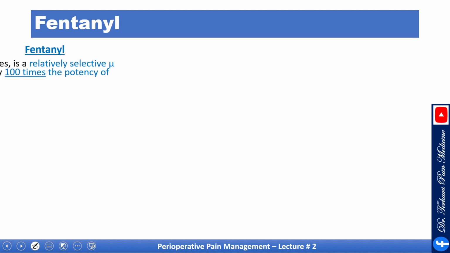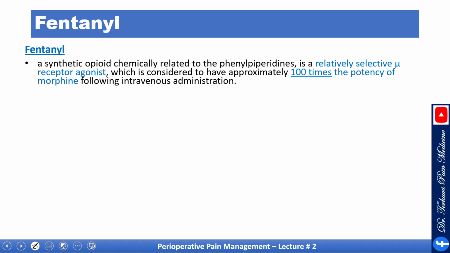Fentanyl is a synthetic opioid chemically related to phenylpiperidine. It is a relatively selective mu receptor agonist, which is considered to be about 100 times the potency of morphine following IV administration.